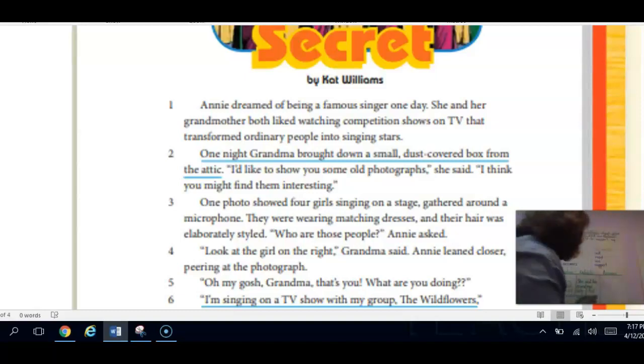Okay, and so that's a detail. To answer that question, what's one thing that they have in common? They both like competition shows.